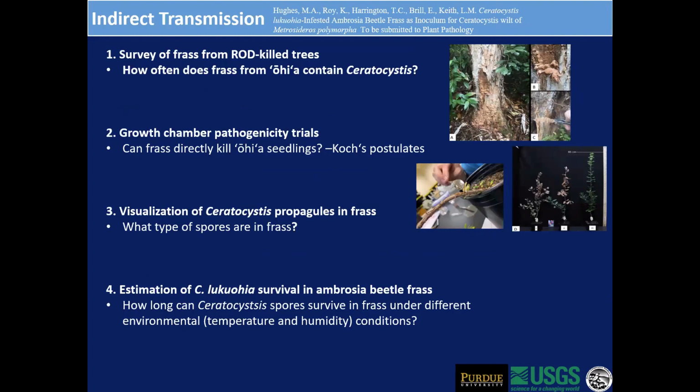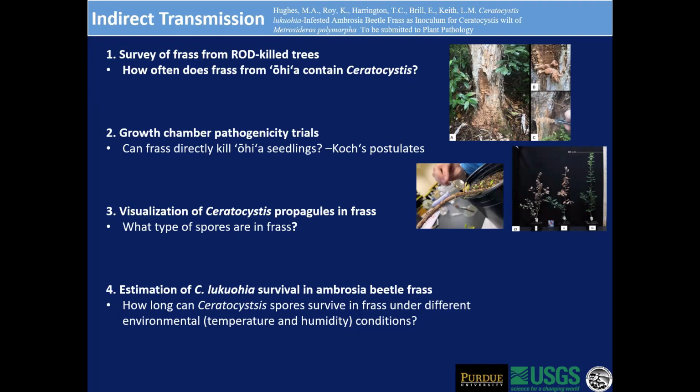This is a paper that we are about to submit to the Journal of Plant Pathology, and the lead author is Dr. Mark Hughes at the Forest Service. This project looked at 4 different aspects of indirect transmission. The first was to understand how often frass from ʻōhiʻa contains Ceratocystis.